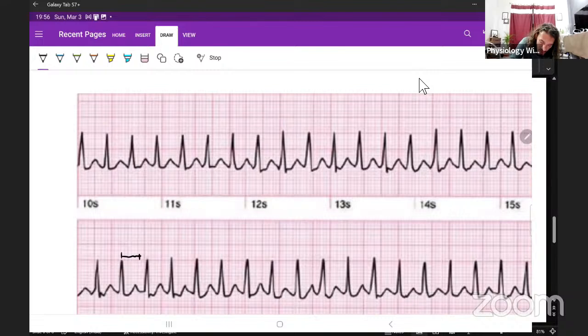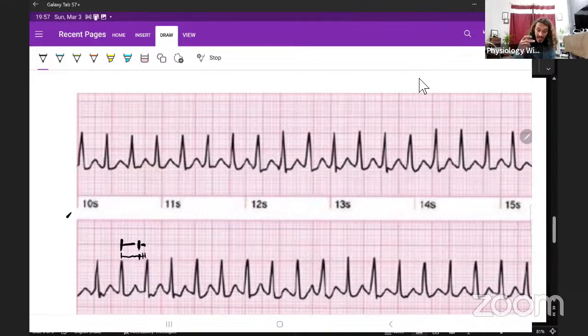Okay. So on top of that, maybe 2 small divisions are extra. So 1500 by how many small divisions are there? Okay. So if you look at it like that, it's actually around one large box. One large box means 300 rate. So this is a tachycardia which is happening at around 300. Okay, and since it is more than 1, it's going to be less than 300.